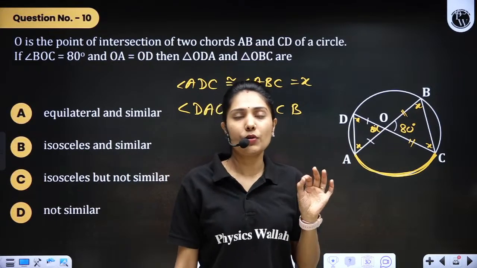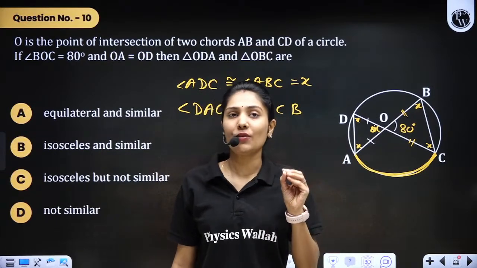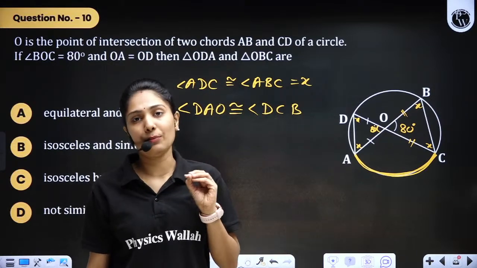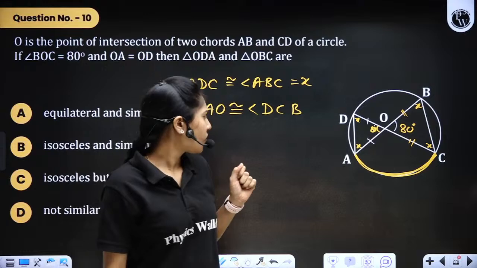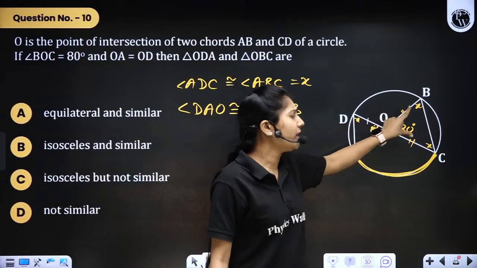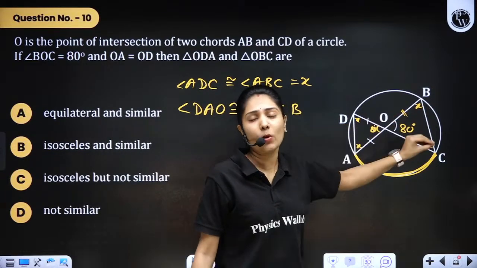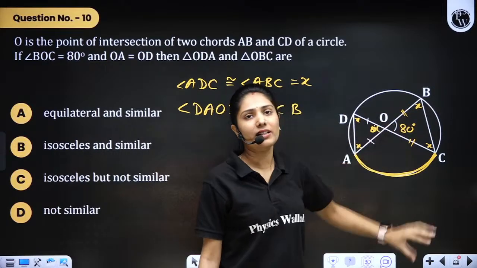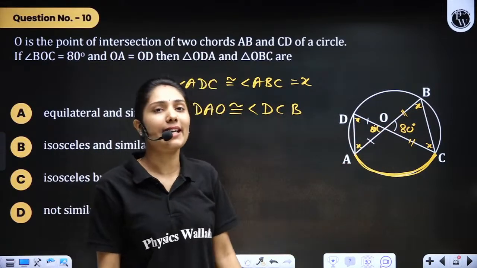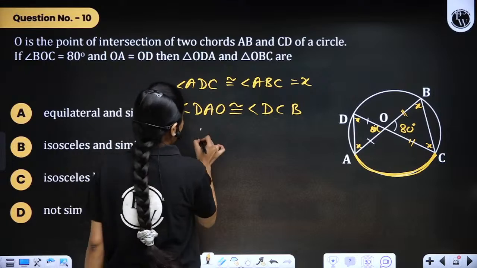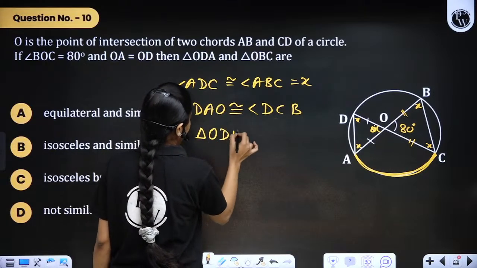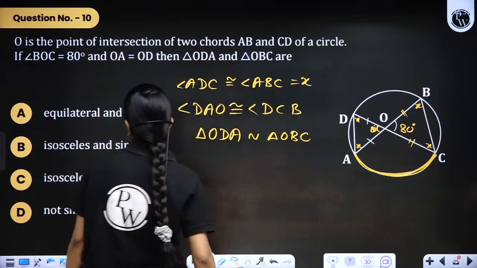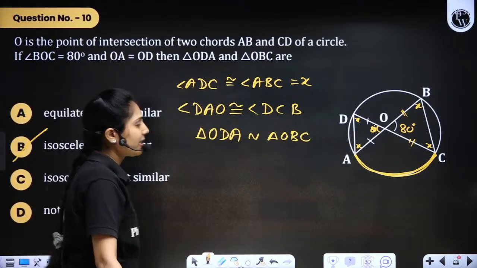Now we have to check whether these two triangles are similar or not. All three corresponding angles of these two triangles are equal. That's why I can say that triangle ODA is similar to triangle OBC, and that's why the answer is isosceles and similar.